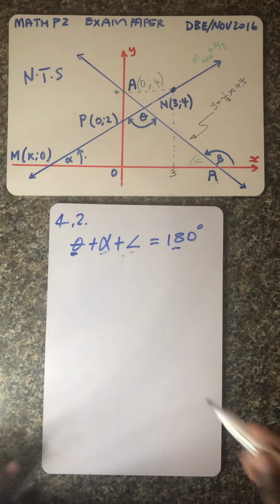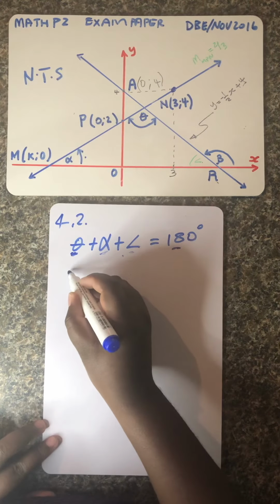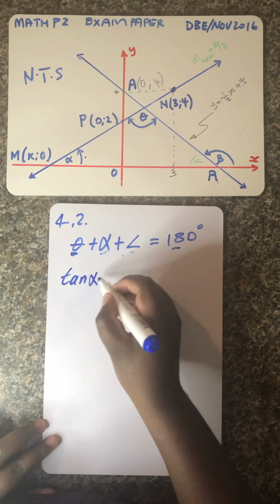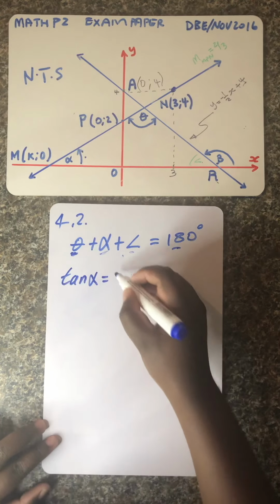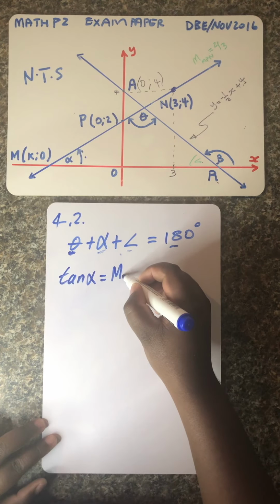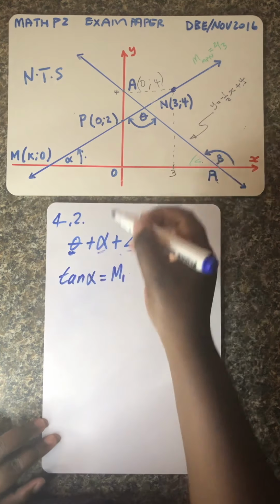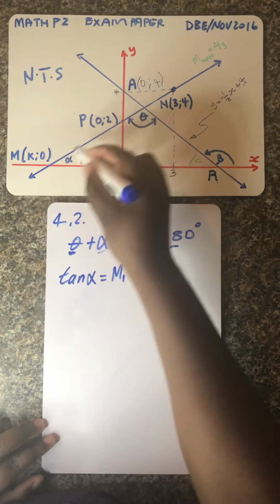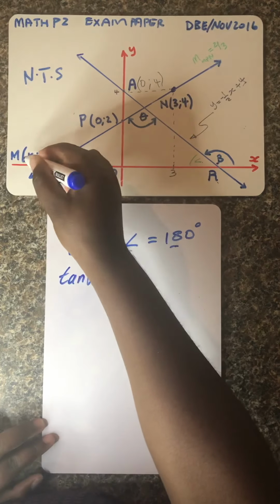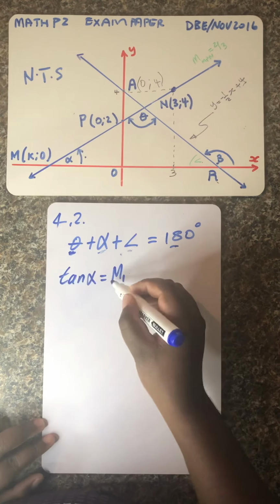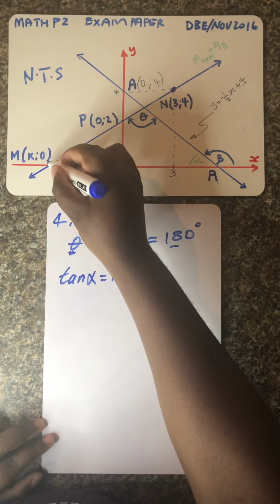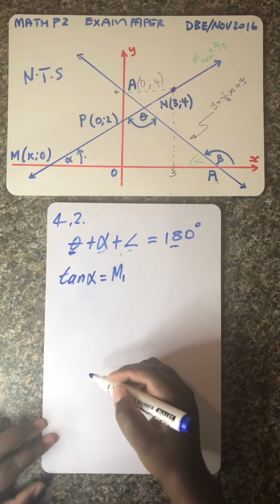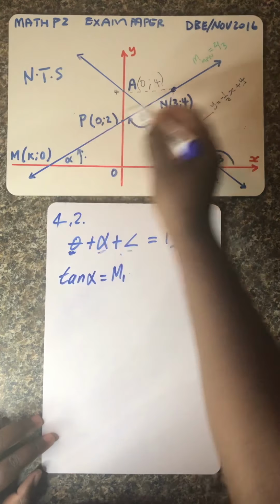Obviously you know that tan theta is equal to the gradient of PN or MP. Remember, these are collinear points, so whether you equate tan theta to the gradient of MP or PN, it's one and the same thing, and even if you say MN.